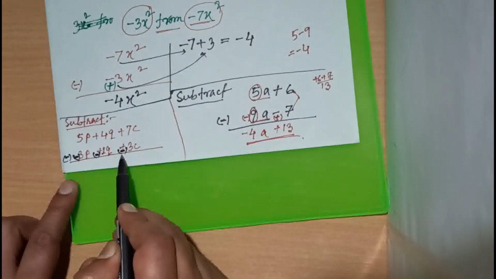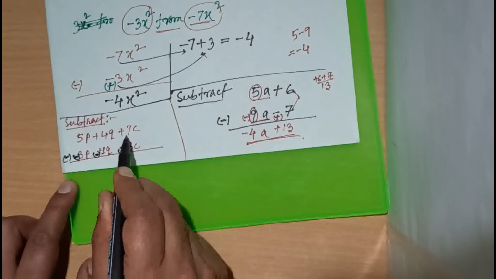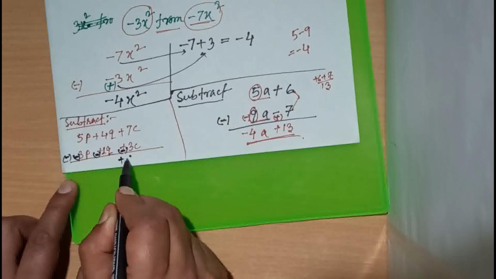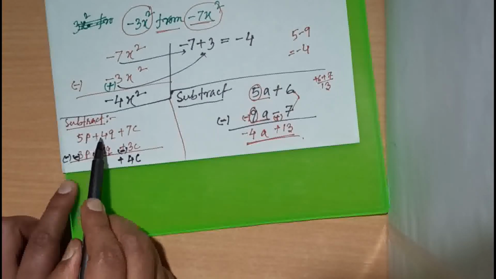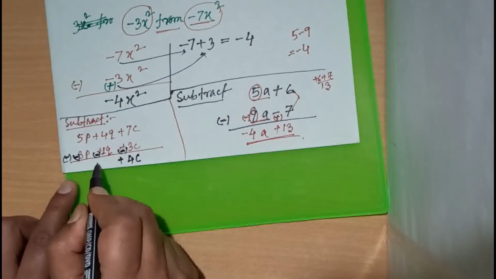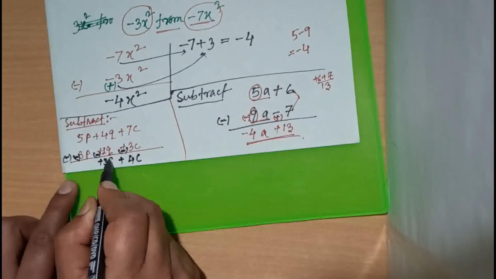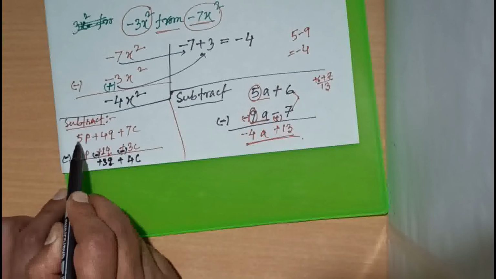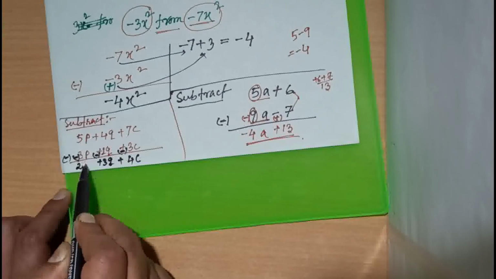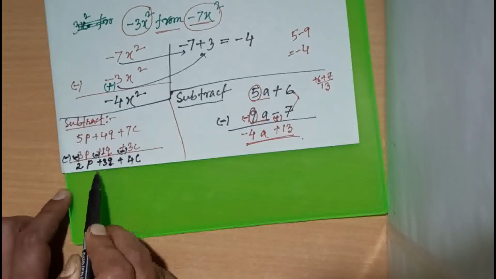Plus 7 minus 3 will give you plus 4, so this is 4c. Similarly here plus 4 minus 1 will give you plus 3, then q, and at last 5 minus 3 will give you 2 and p. So this is the answer.